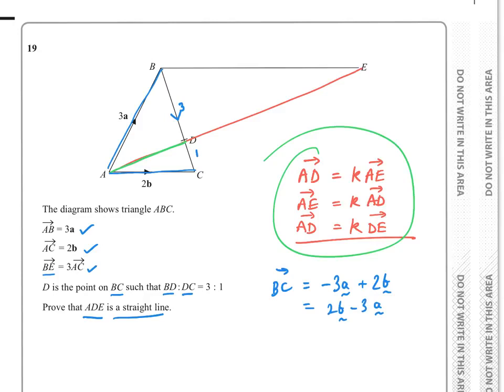Now, we know therefore that BD would be 3 out of the 4 parts of 2b minus 3a. And we know that DC would be 1/4 of that, because we've already looked at that ratio, haven't we? Now, what's the next thing that we can look at? Well, I think the next thing we can do is just put these in here.